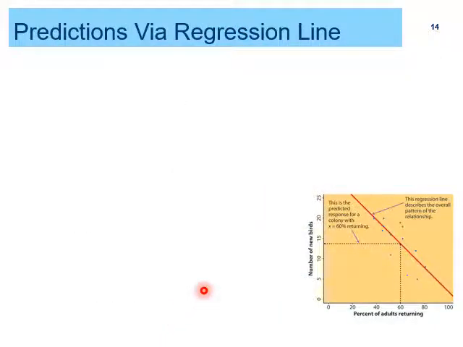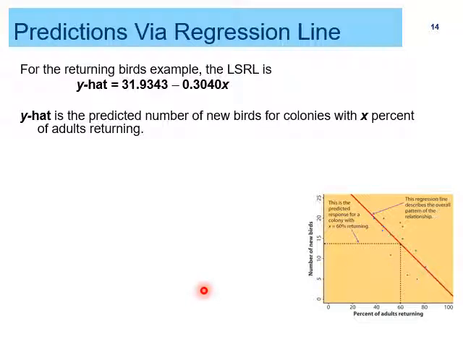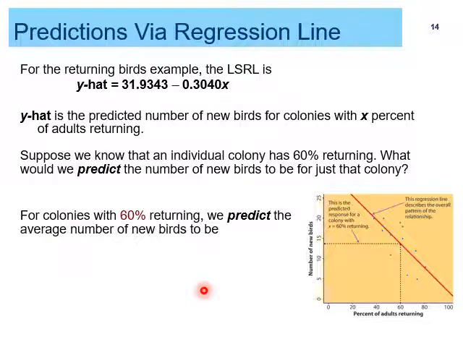Predictions by regression line. For the returning birds example, the formula we got is y hat is equal to 31.9343, that is the intercept, minus 0.3040, that is the slope, times x. Y hat is the predicted number of new birds for colonies with x% of adults returning. Suppose we know that an individual colony has 60% returning, what would we predict the number of new birds to be for just that colony?